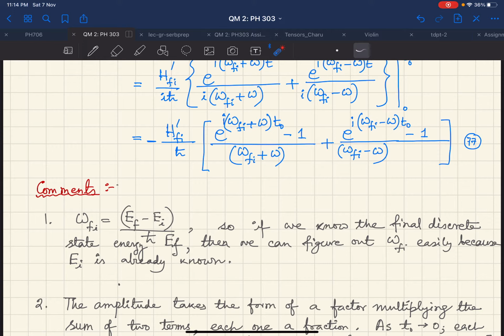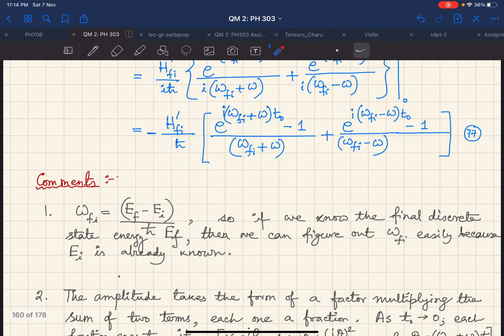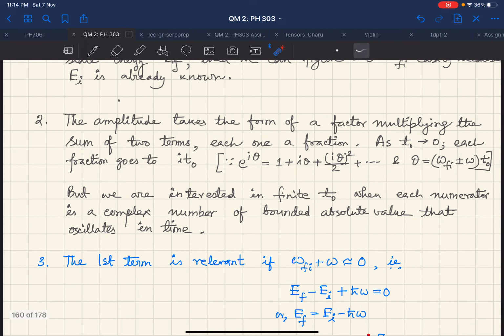Now if this is basically periodic, that means this value is bounded within some limit. It's a periodic function, it has some maxima, some minima. If it is just a sine function, then the maximum and minimum values are within plus and minus 1. So for a finite T0, each numerator is a complex number of some bounded absolute value, which of course oscillates in time.